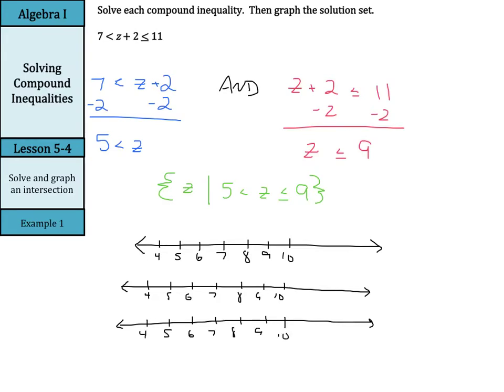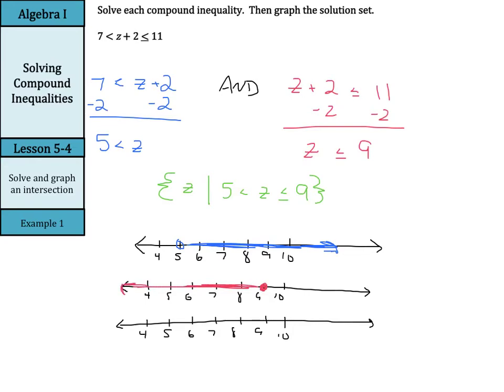Now let's graph our first inequality. z is greater than 5: open circle at 5. Then test: is 5 less than 4? No. Is 5 less than 6? That's true, so it's true for all the numbers off to the right. What about the next one? z is less than or equal to 9: closed circle at 9. 8 is less than or equal to 9, so we'll shade in that direction.